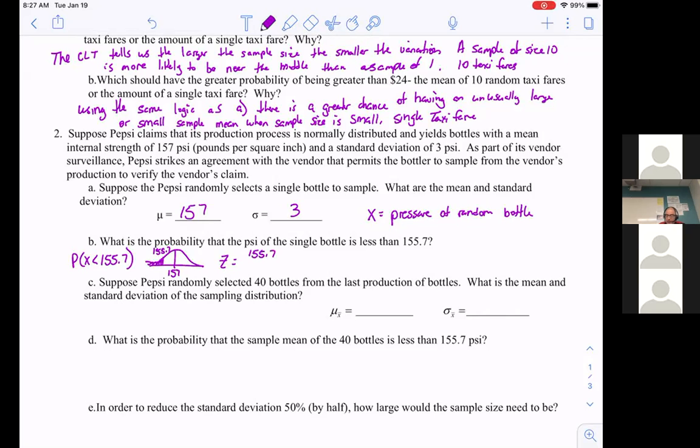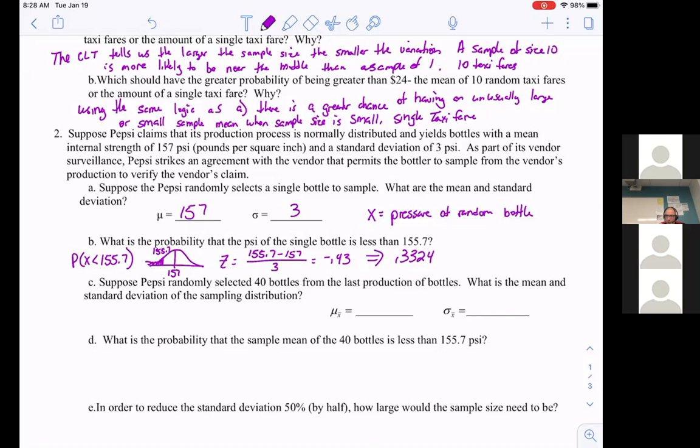I doubt I write that in here. Okay, and again, the left-hand tail means we don't have to subtract from 1, so that was it. This was a Unit 1B problem.